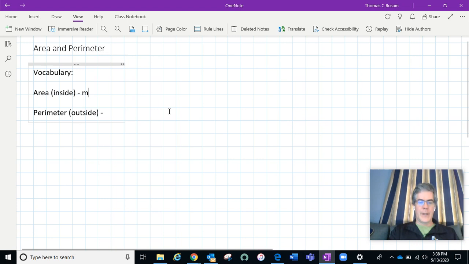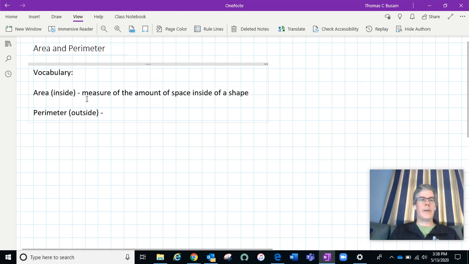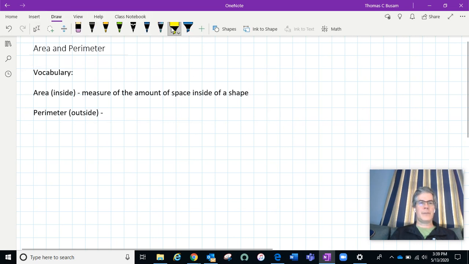Area is the measure of the amount of space inside of a shape. So area, you're looking at inside. That's the key.